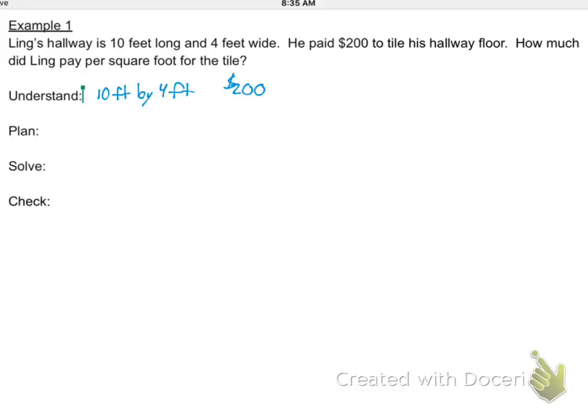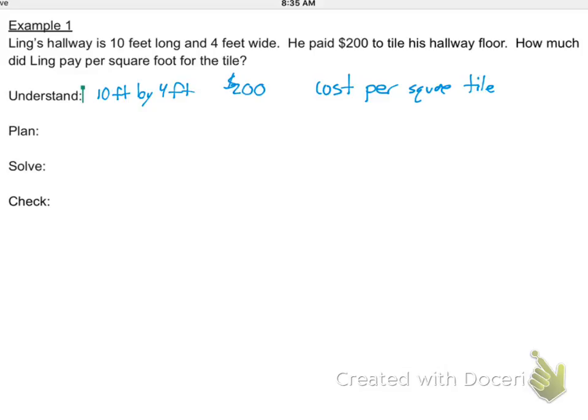Overall, it's asking us how much does it cost per square tile. So we want cost per square tile.